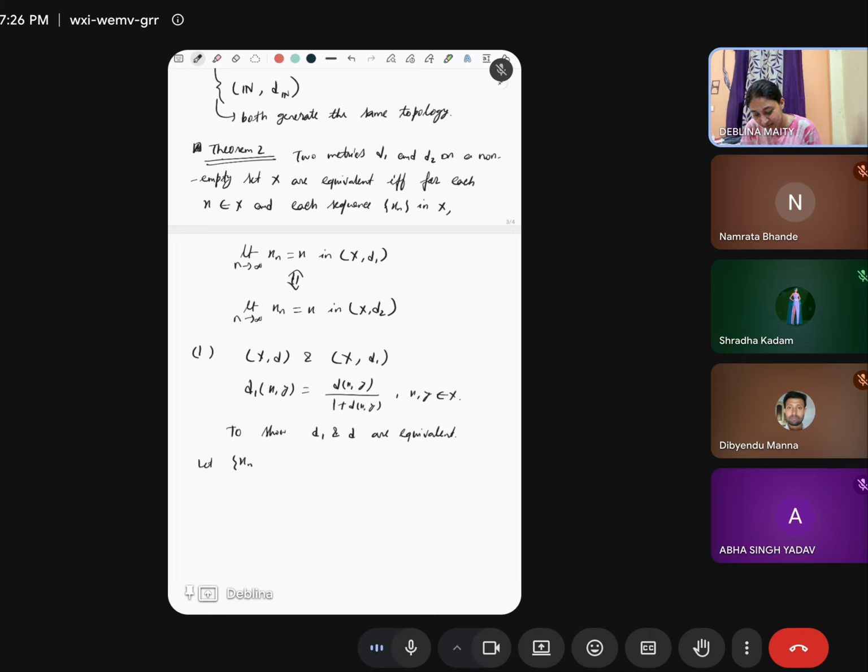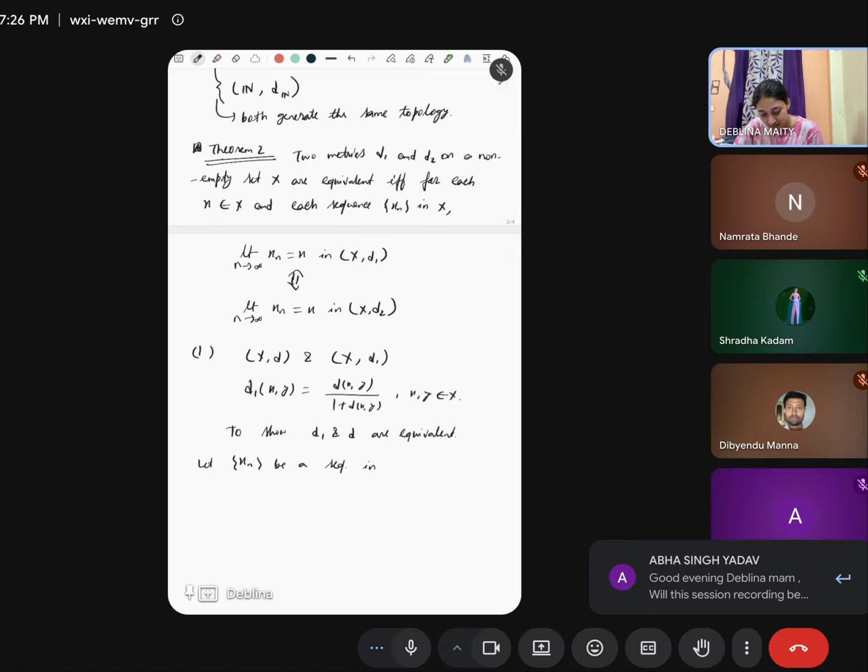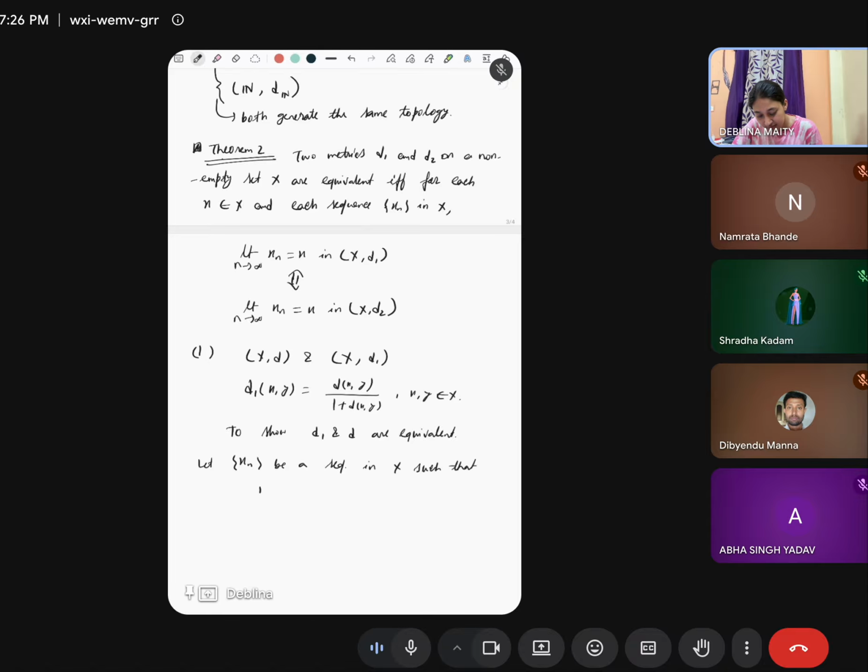Let xn be a sequence in X such that xn converges to x in (X, d). Now we have to show that xn converges to x in (X, d1). This means d(xn, x) goes to 0 as n goes to infinity.